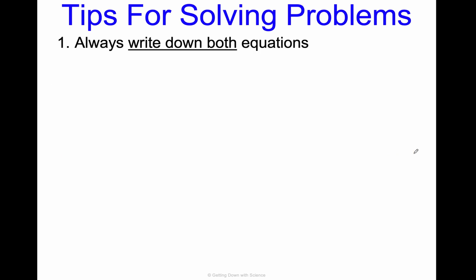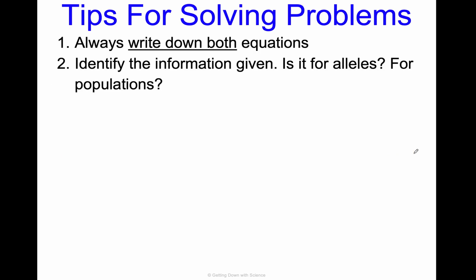All right, some tips for solving these problems. Always write down both equations. Identify the information given. Is it for alleles or is it for a population? If it's alleles, then you're using the P plus Q equals 1. For populations, you're going to be using the P squared, 2PQ, Q squared equation. A lot of times you'll use both. Write them both down.